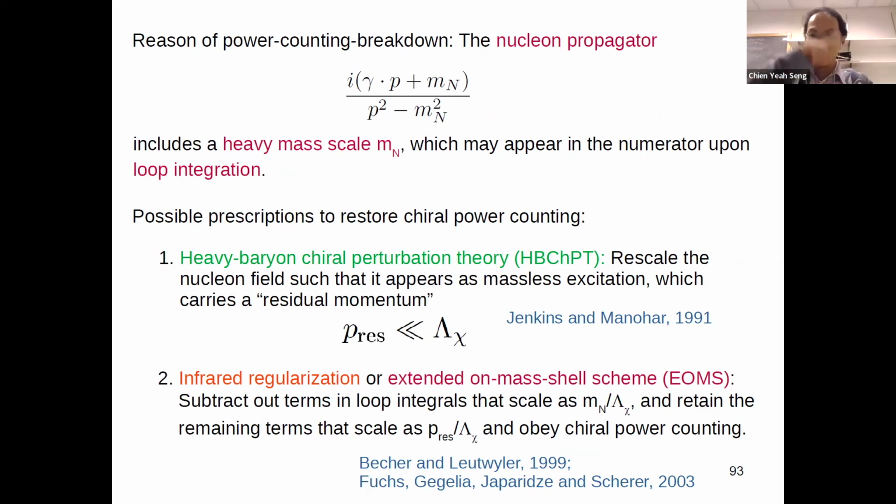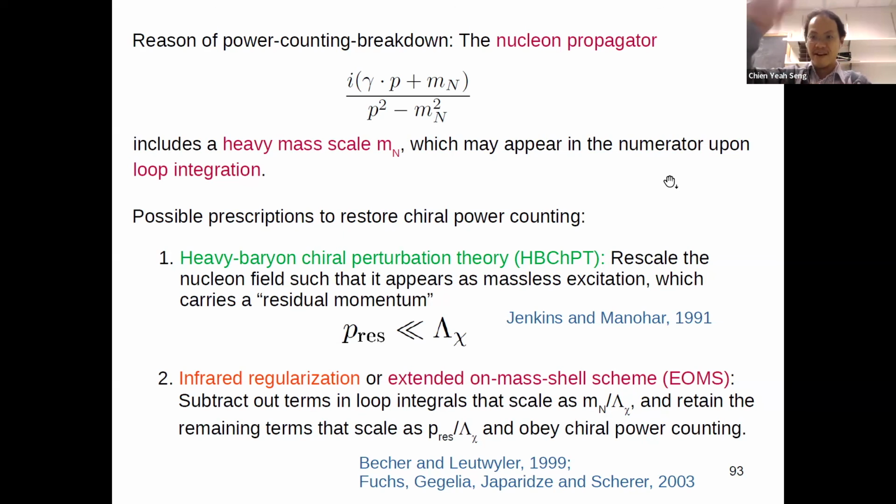when you are studying loop diagrams involving the nucleons, because in the loop diagram you have to involve a propagator of the nucleon, and then this heavy mass scale, the nucleon mass, will appear in the denominator of the propagator. But after loop integration, it could appear in the numerator.